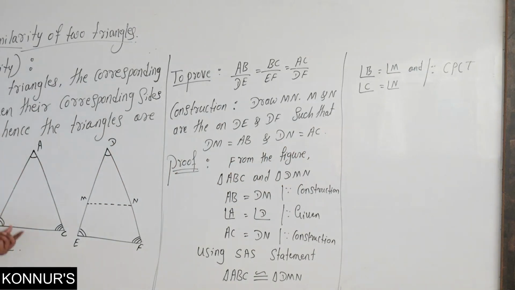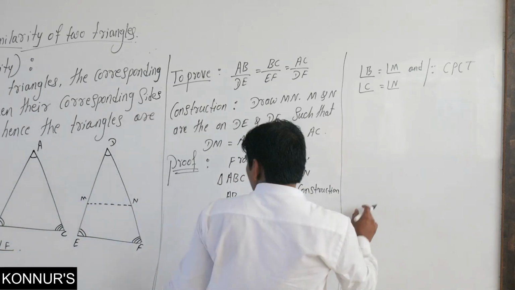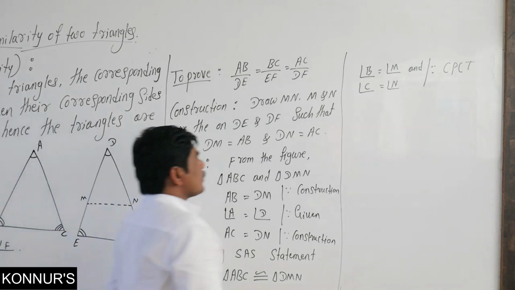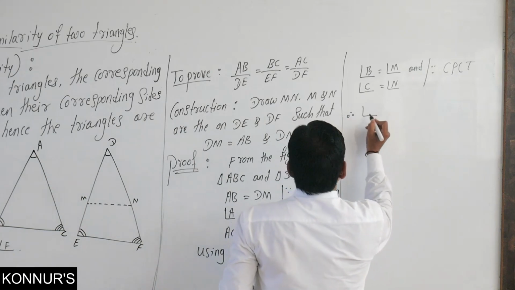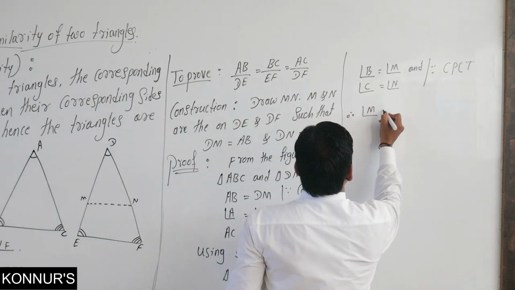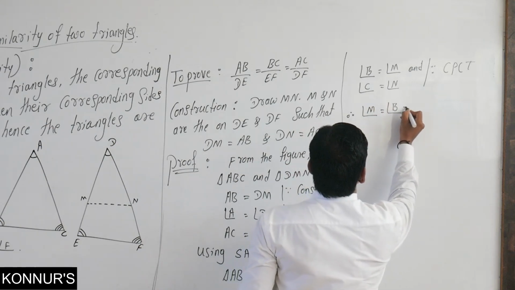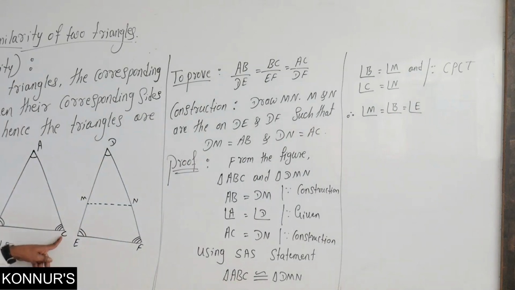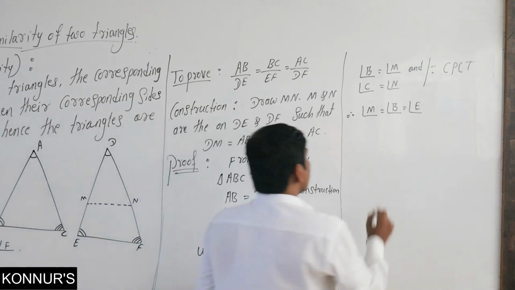Next, BC is a base and MN is also a base. These two are equal. Now again we observe angle B is equal to angle E, angle B is equal to angle M. Based on these two results, angle M is equal to angle B, which is equal to angle E, and similarly angle C is equal to angle F, angle C is equal to angle N. We already proved these three are equal.